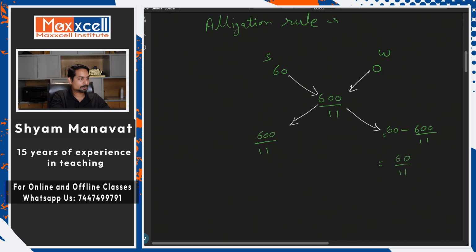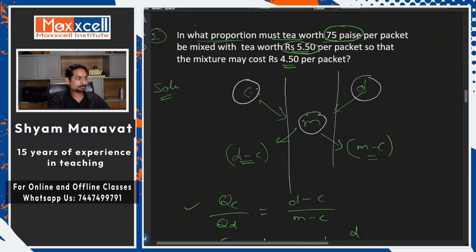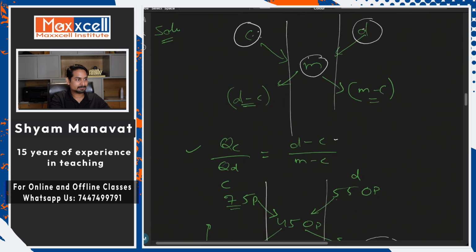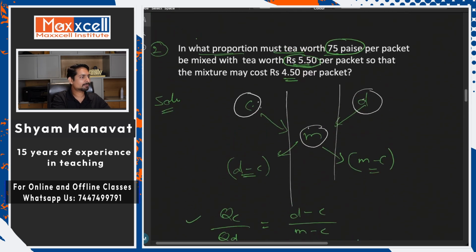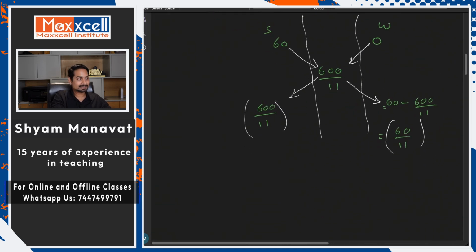So you got two values. After that, the difference here, as per the alligation rule, is the ratio of quantity of cheaper and dearer. Yes, that's what we have learned, which we are going to apply so that we get the answer.